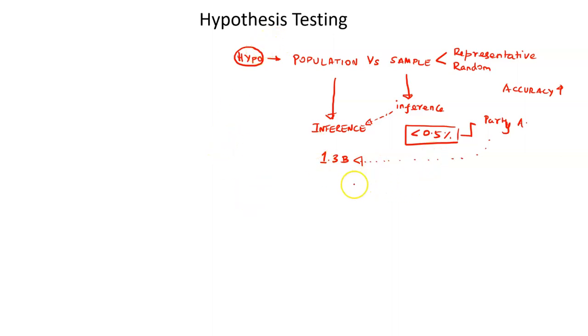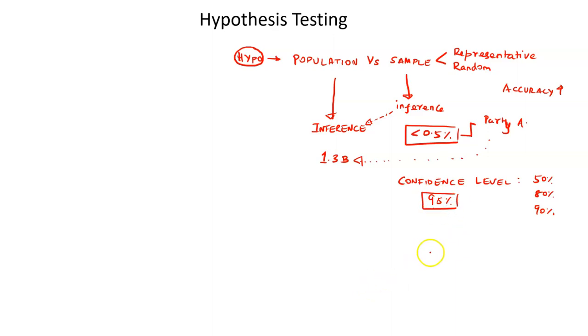So when I extrapolate it, I say it with a certain confidence level, right? What is the ideal confidence level that we want? Is it 50%? Is it 80%? Is it 90%? What level of confidence do you want? In the world of business, we want at least a 95% confidence level.